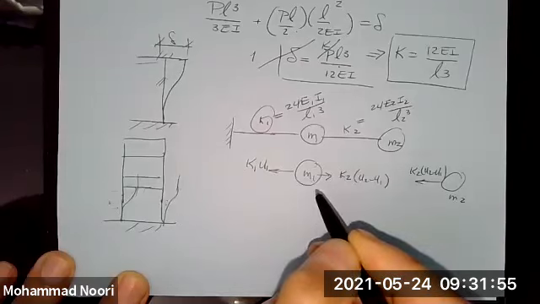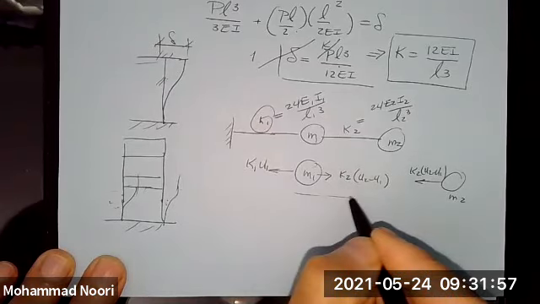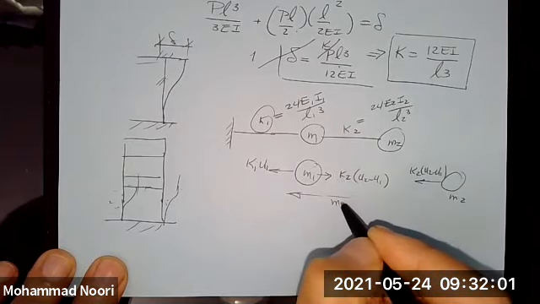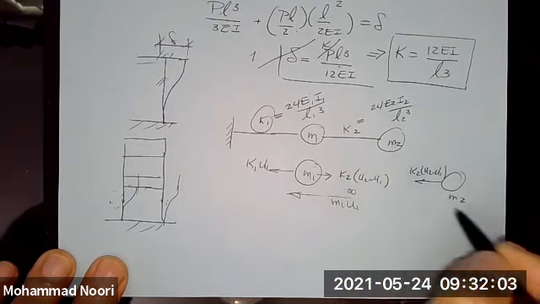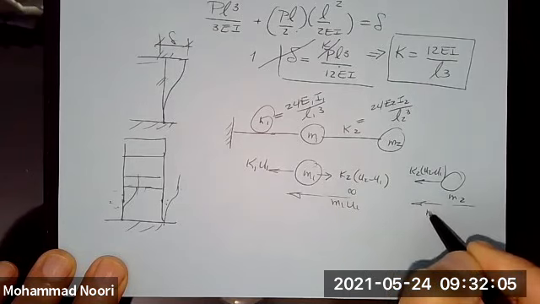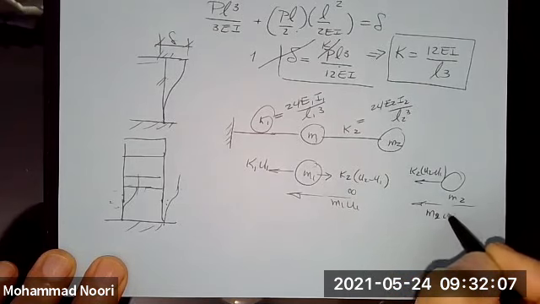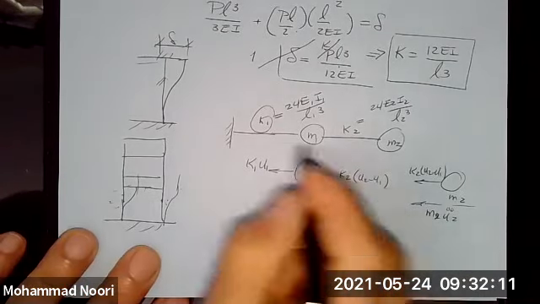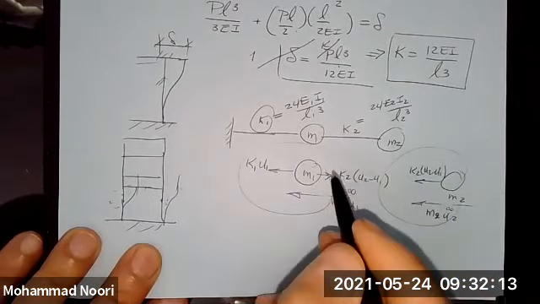And then you have the inertial force that we put in the opposite direction. This is M1 U1 double dot. This is M2 U2 double dot. So these are the two free body diagrams.